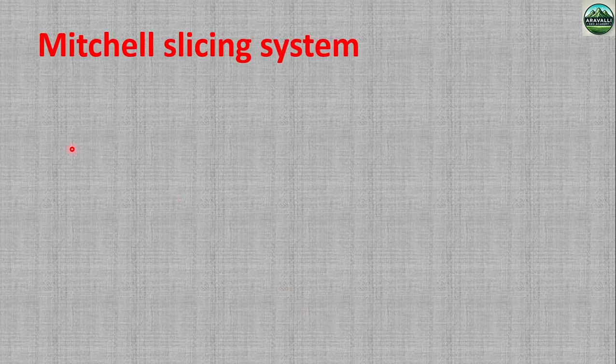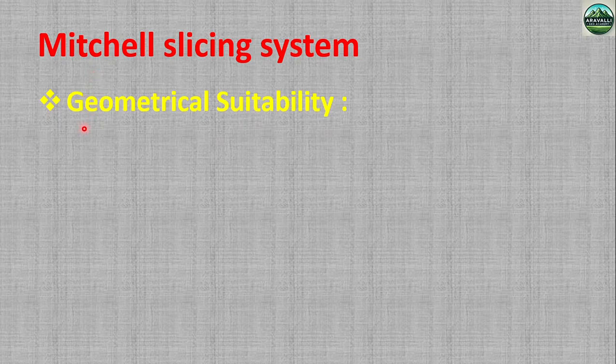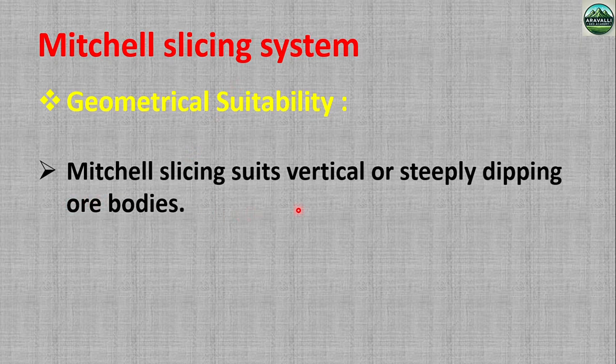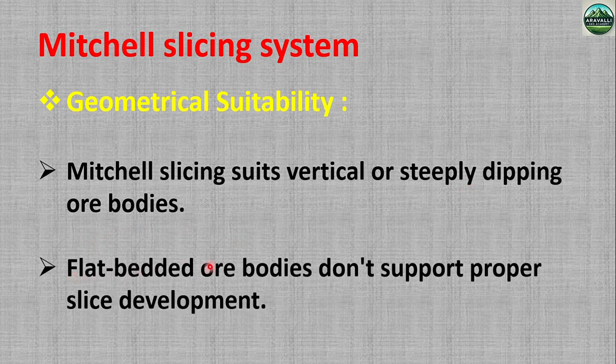Next, let's elaborate on the options for the Mitchell slicing system. First, we discuss the geometrical suitability. Mitchell slicing suits vertical or steeply dipping ore bodies. A flat bedded ore body does not support proper slice development.